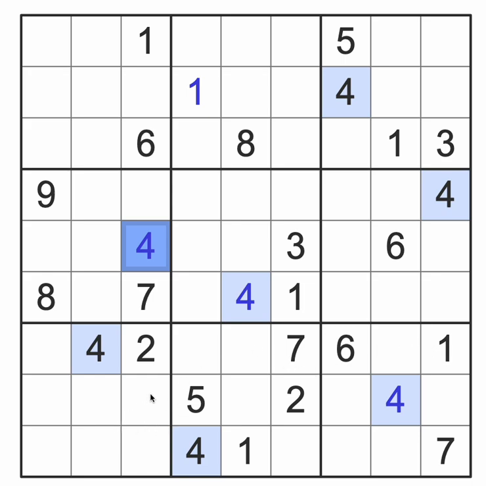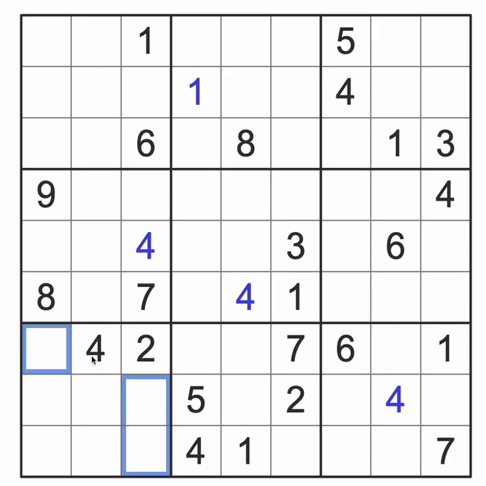Now I see a double in box 7 here. Here's 1 and 7. And same combination, 1 and 7 are also here. And here's 1 and 7 also. That means these two cells cannot be 1 or 7 because they are here and here.